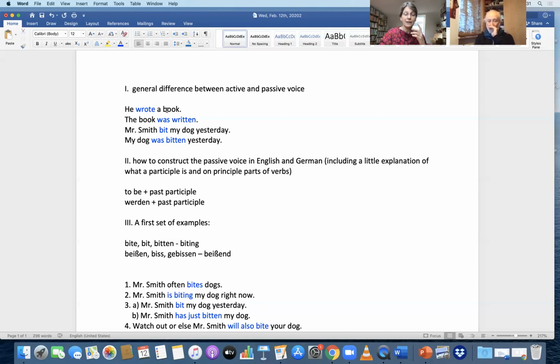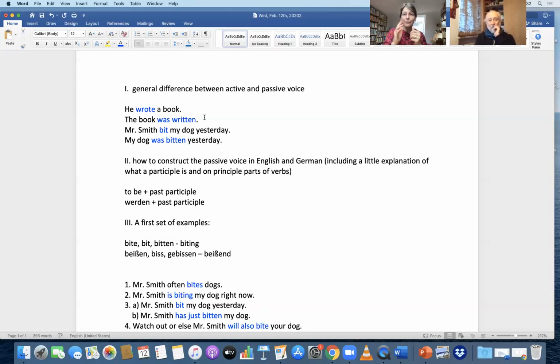Wrote and bit. Now, in English, most passive voice tenses are constructed with the help of to be. Not all, but we will focus on the majority of cases for now. Just as a side note, to get and to become can also be used as passive voice auxiliaries, but we want to focus on to be right now.